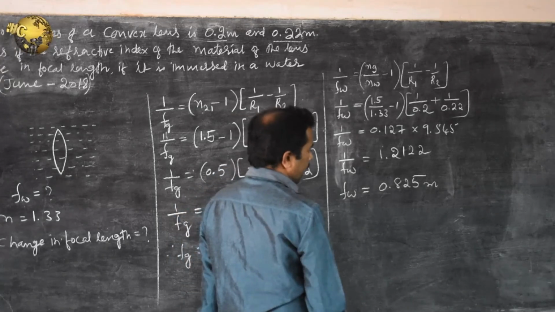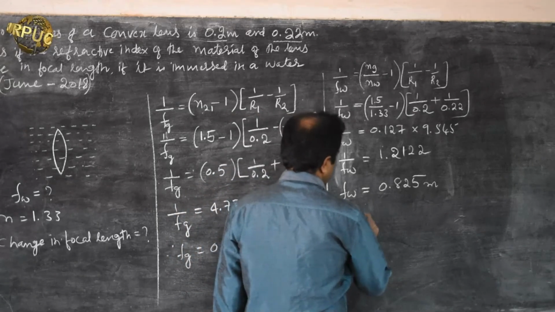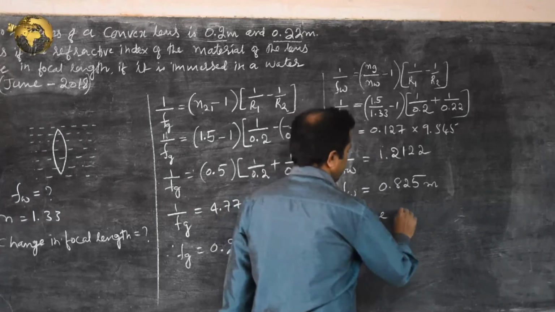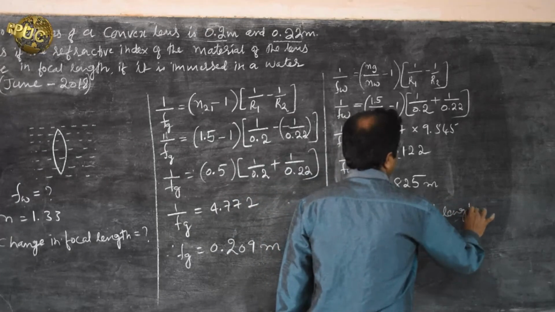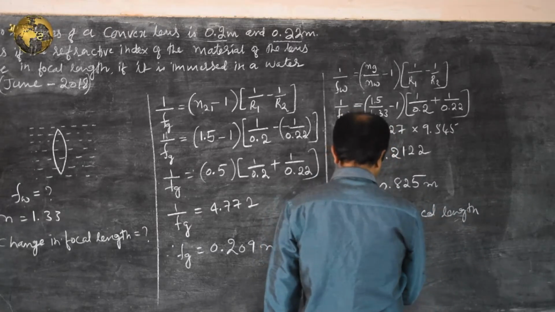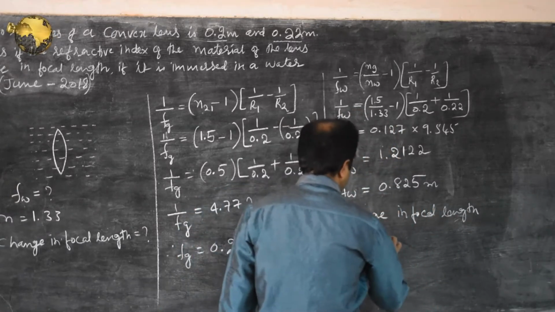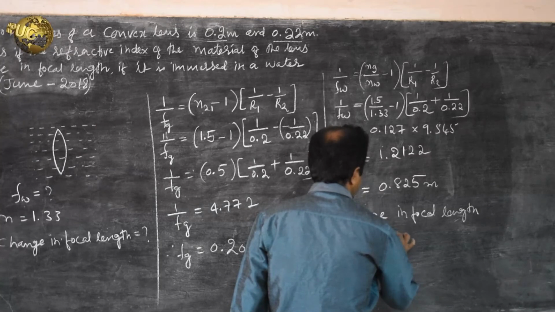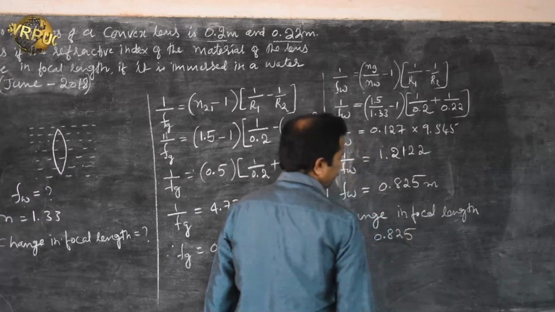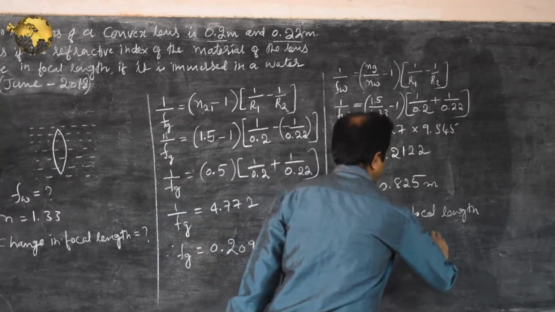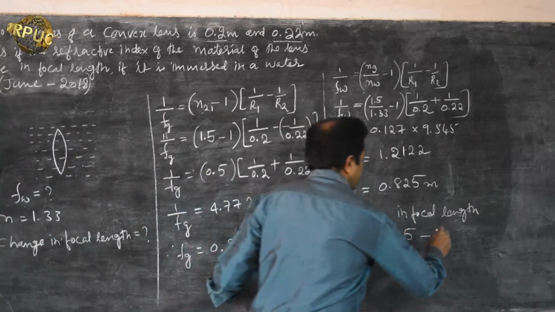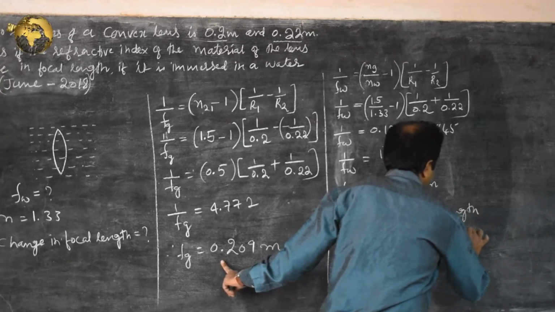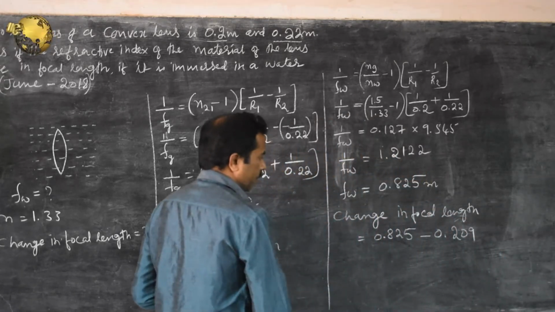So next, let us calculate the change in focal length. The change in focal length is equal to 0.825 minus 0.209.